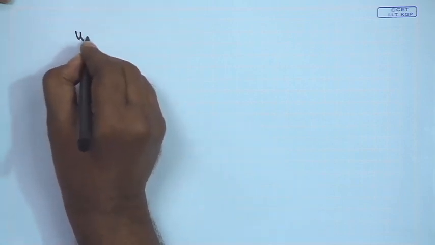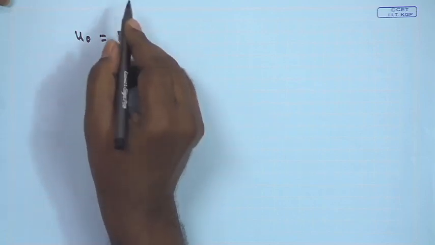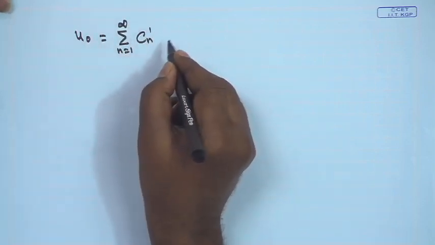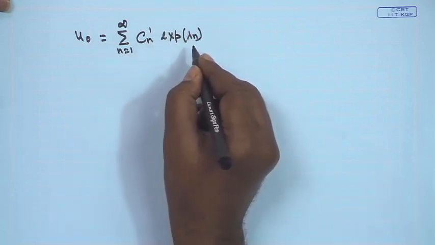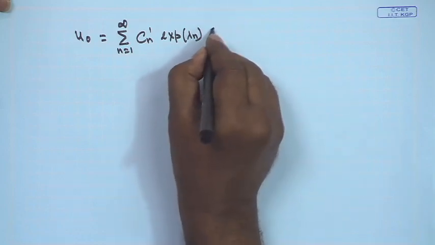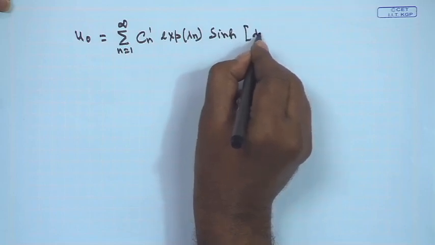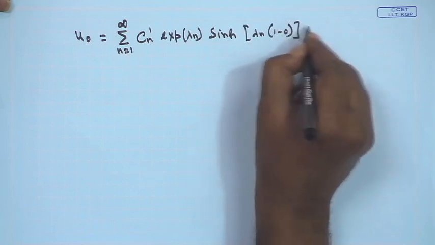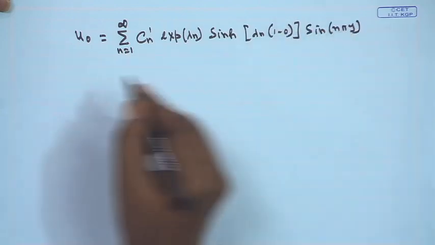If we put that boundary condition, we will be getting u naught is equal to summation n equal to 1 to infinity C n prime exponential lambda n sine hyperbolic lambda n (1 minus 0, that is x equal to 0) sine n pi y.